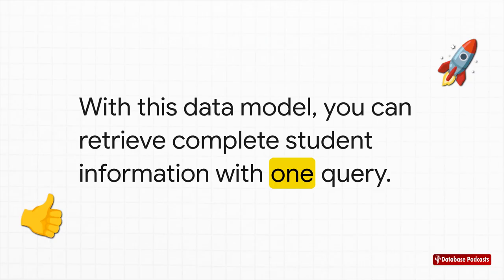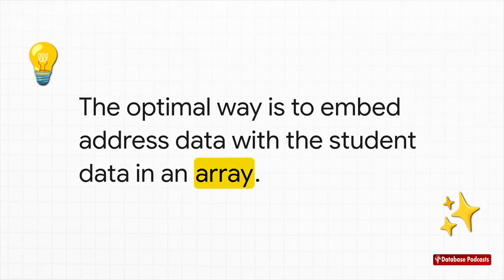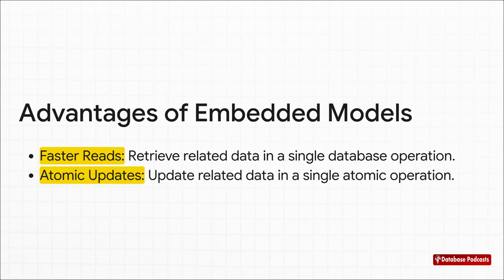That's it. And what's really cool is how this just naturally scales up for one-to-many relationships. Like, what if a student has a bunch of different addresses? Easy. You just embed that data in an array. The student document would have one field that holds an array of all their address objects. Simple as that. So, you might be asking, why bother with all this? Two words: speed and safety.